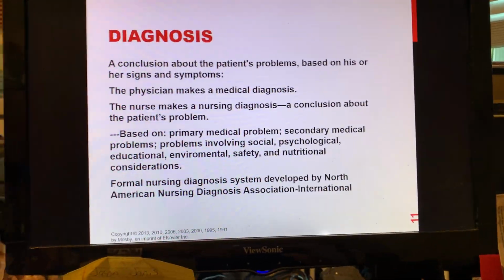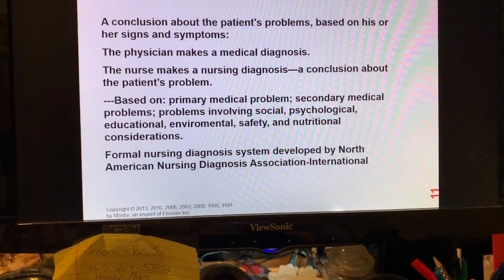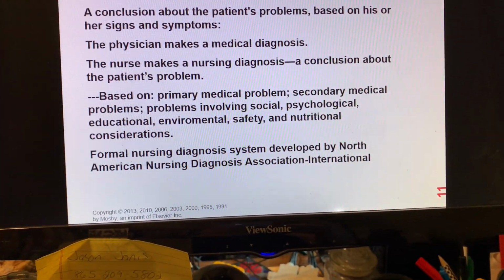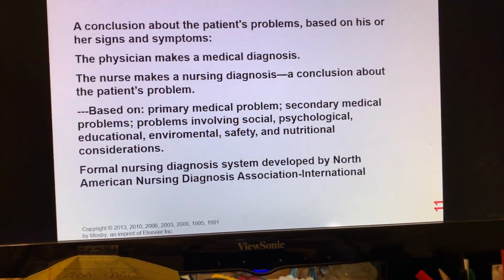Now, many times the nursing diagnosis is based on a primary medical problem. What has brought this particular patient into our area of care?